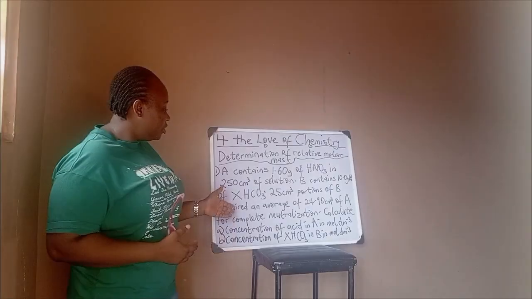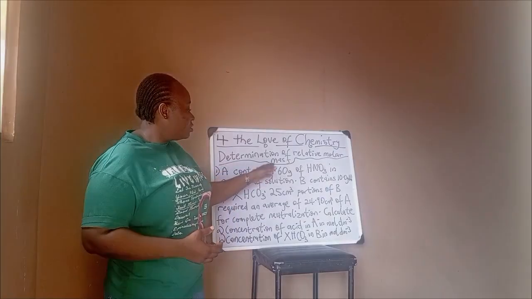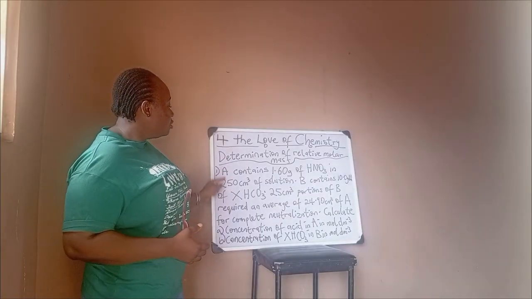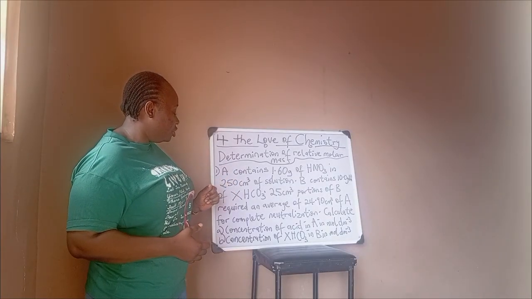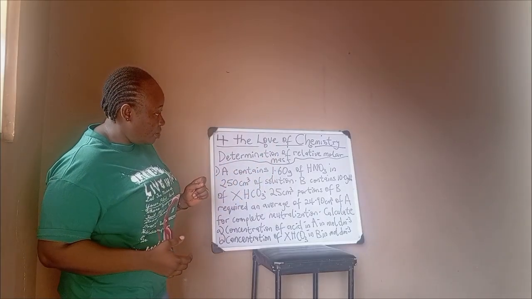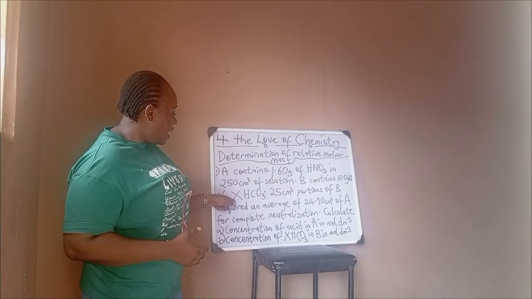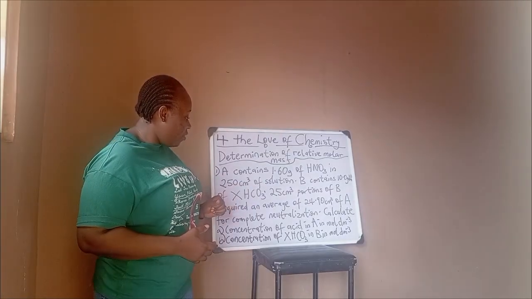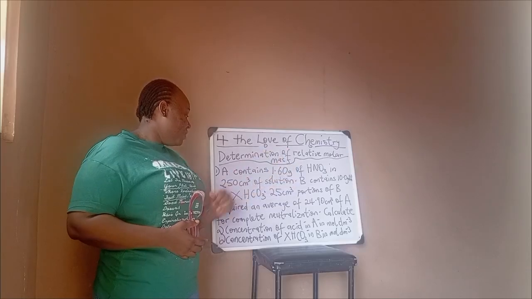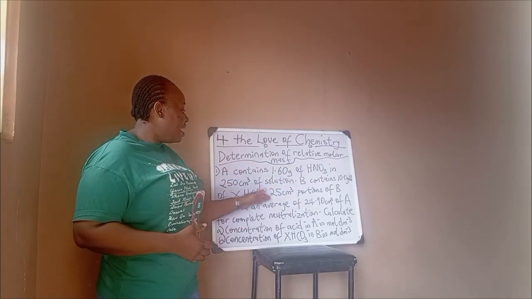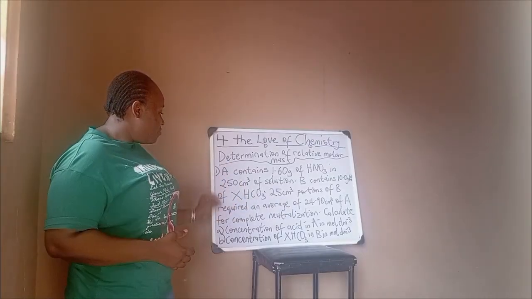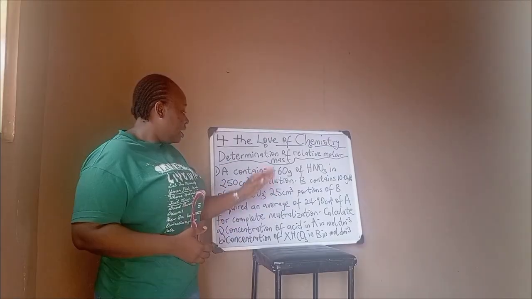So we have a question here. It says A contains 1.60 grams of triazonitrate 5 acid in 250 cm cube of solution. B contains 10.0 gram per dm cube of X hydrogen triazocarbonate 4. Then the question says 25 cm cube portions of B required an average of 24.90 cm cube of A for complete neutralization.